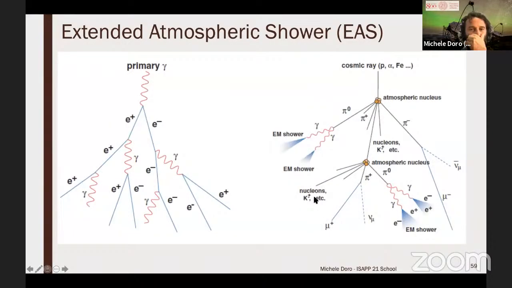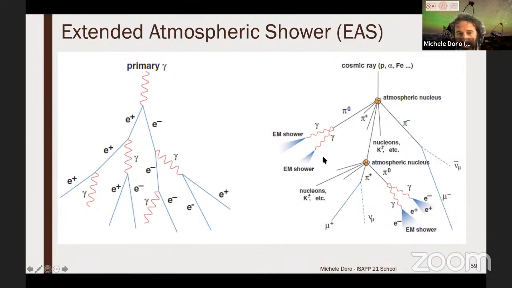So a little bit more schematic. What happens if you have a cosmic ray or a gamma ray? The cosmic ray was the image before, and we have this schematic of pion production. We have the neutral pion and the gamma rays. The gamma rays are energetic, so a gamma ray can start an electromagnetic shower here and there.